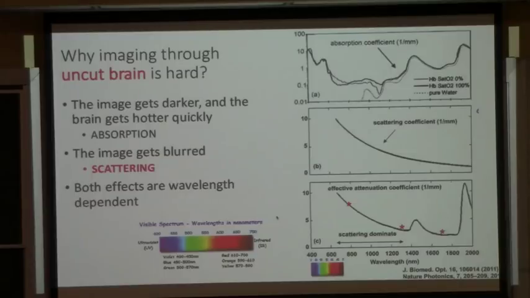And also the light will get scattered when it goes into the tissue. So we have different techniques to help the microscopy, because essentially we want to image the deeper tissue of the brain, not just the surface.